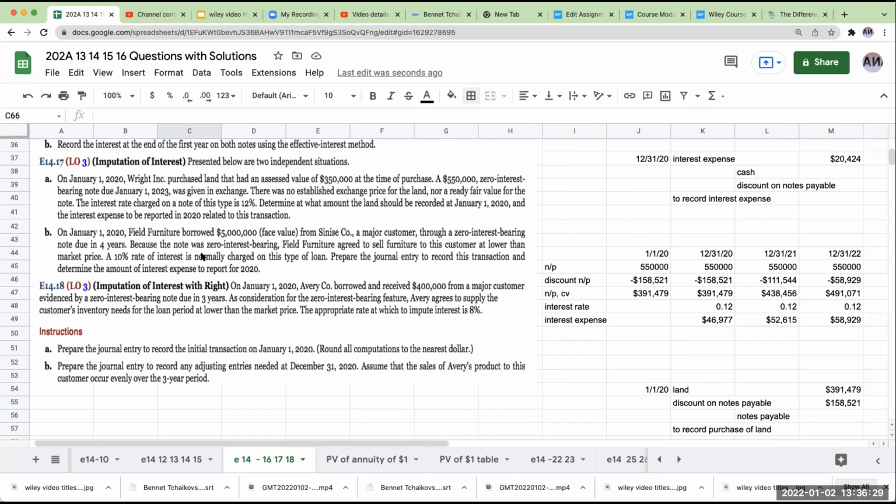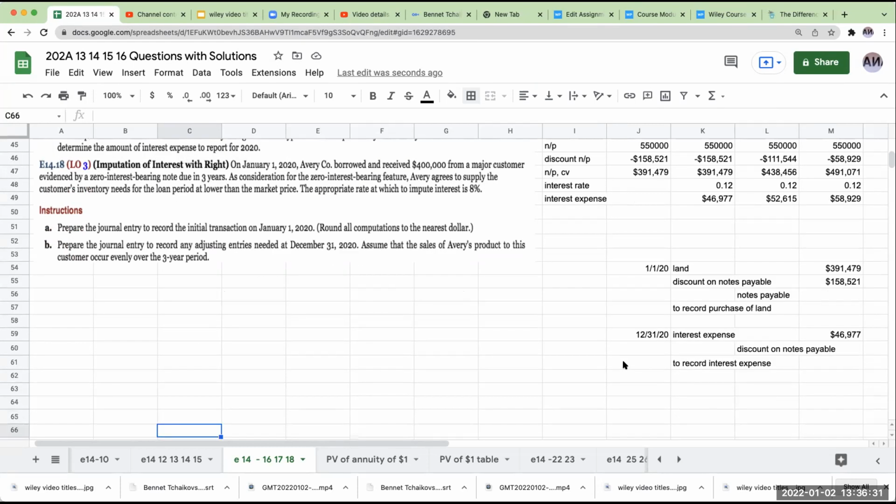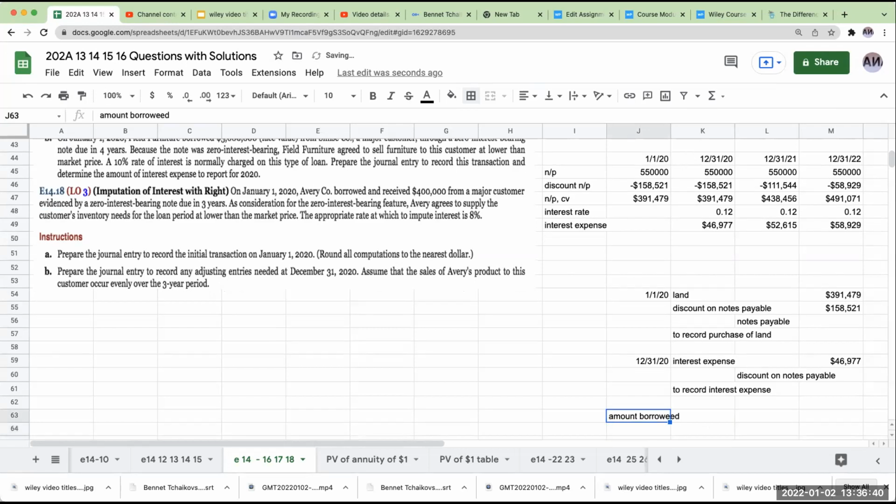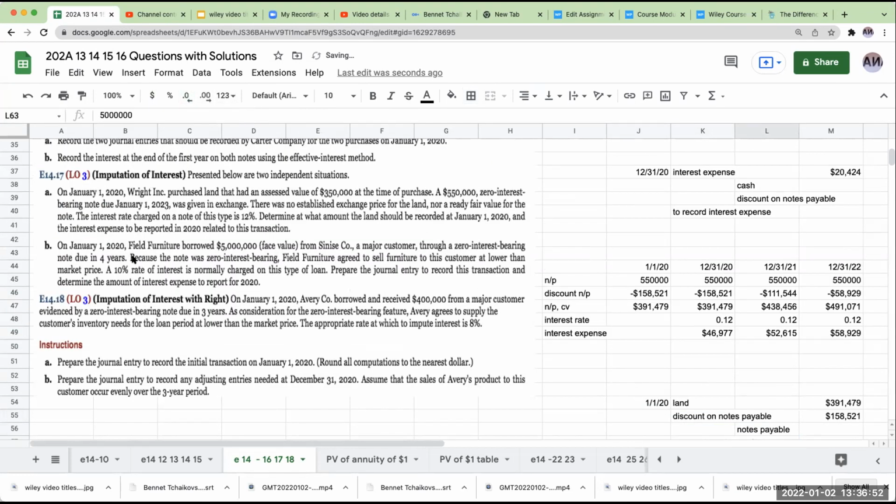I do have to recognize some sort of interest expense. So right over here, my amount borrowed is 5 million.